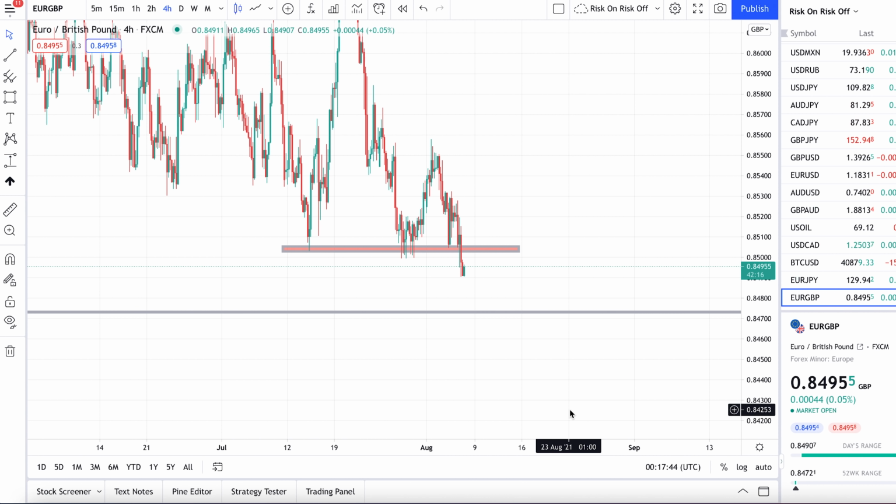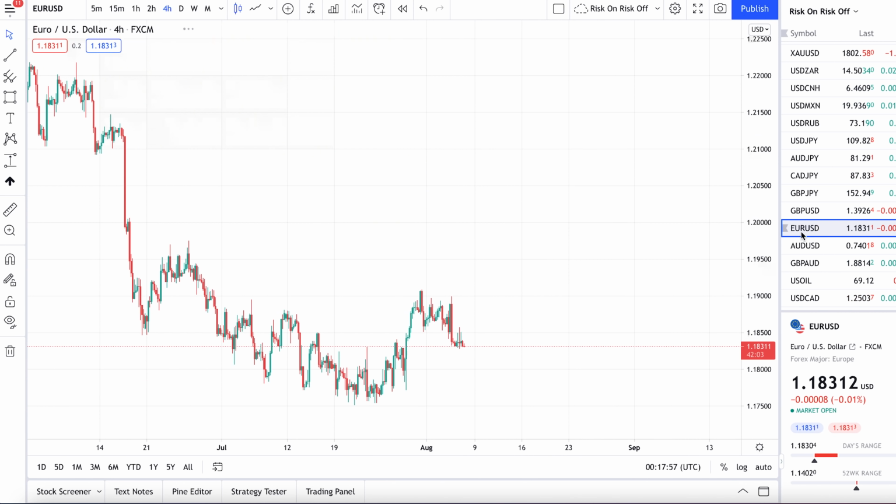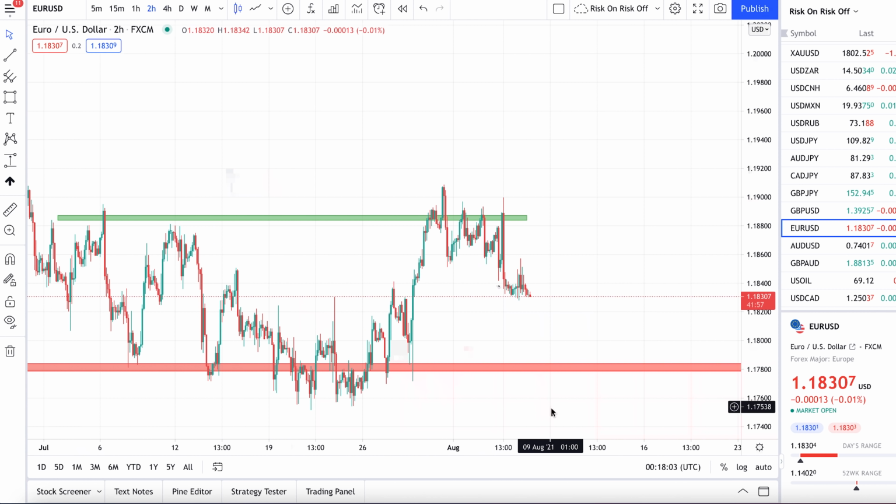Now, what we want to keep in mind is that this is made up of euro dollar and pound dollar. So what we need to do next, as you know, is go to euro dollar. From the current price at 1.183, I feel like it will come down next to the 1.177 level.